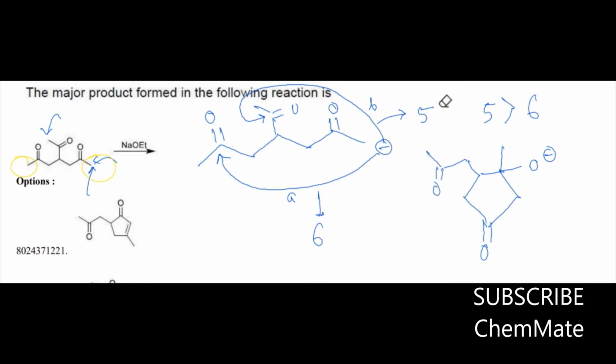So actually a double bond will be here. First it will be converted to OH, and then one molecule of H2O will be removed. There will be a double bond here. So this compound will be formed as the major product.